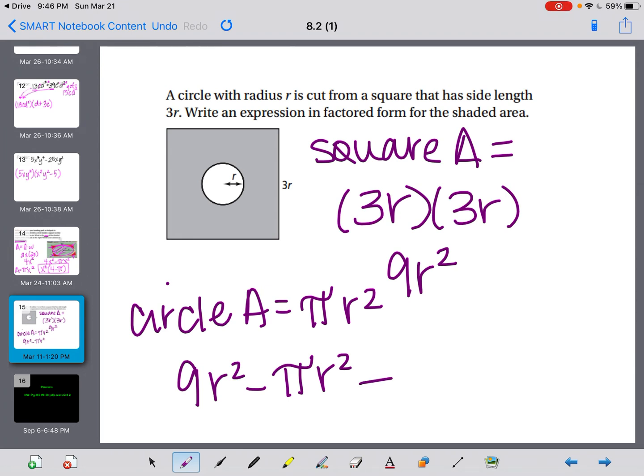Now I'm going to factor out the r squared, and that's going to leave me with 9 minus pi.